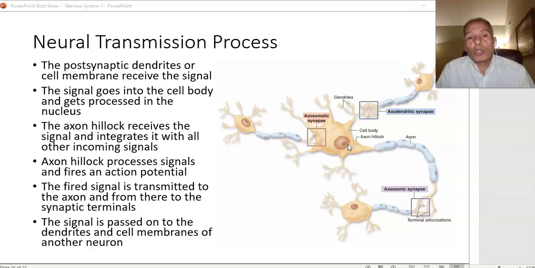If I'm presuming the signal will be fired, that means it will travel across the axon, and from there, it will travel to the synaptic terminals, and from there, it will be broadcast to other neurons. As simple as that, but you need to know the steps and explain them clearly.